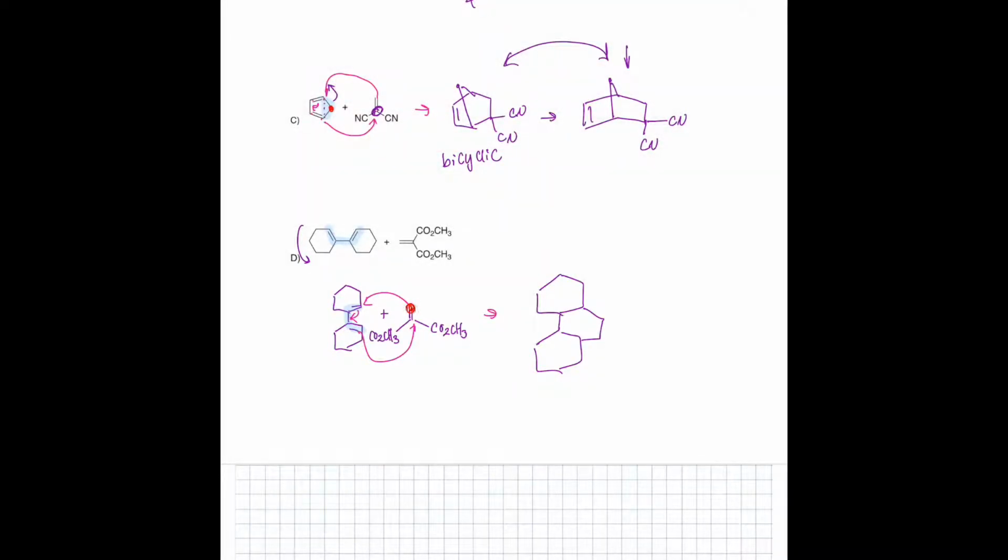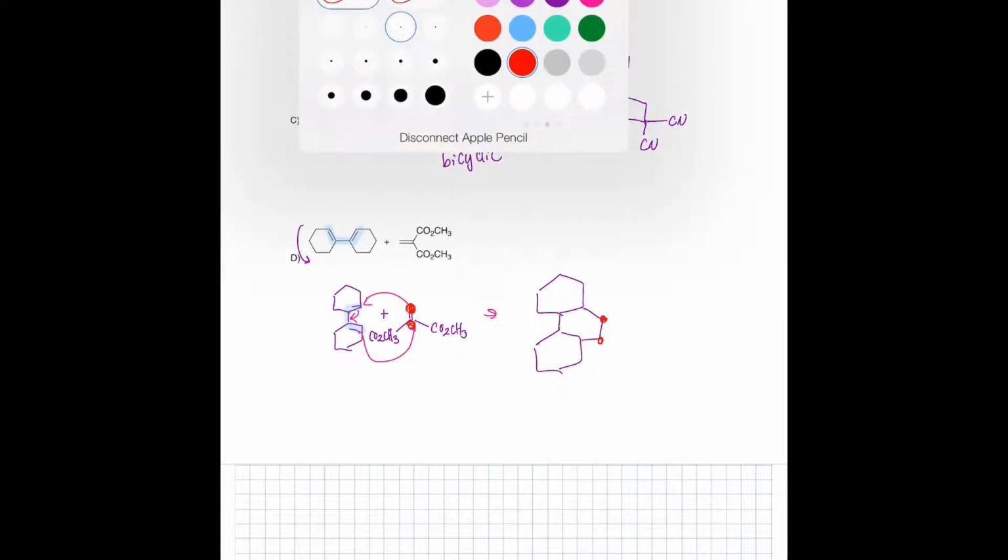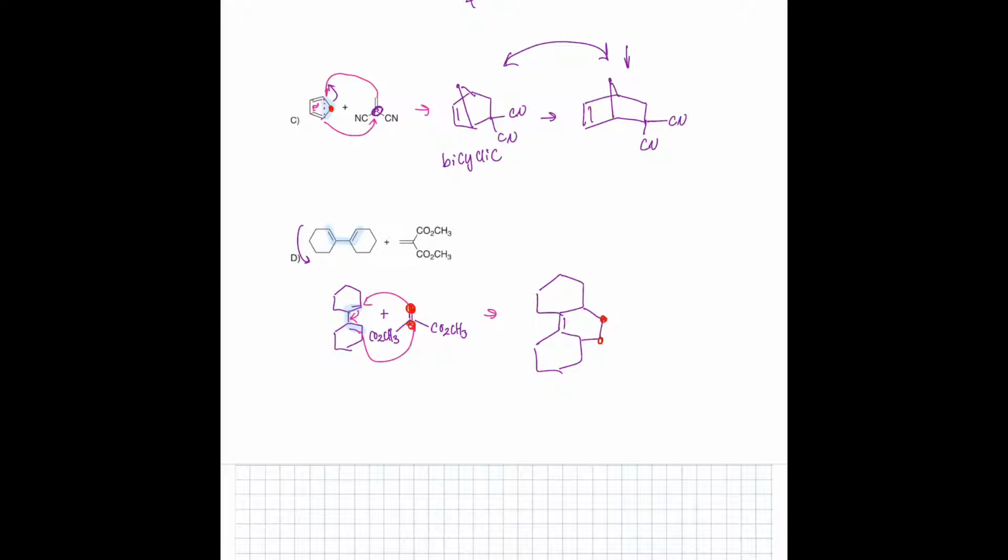So the 2 carbons I'm talking about are this carbon and this carbon. So like every other Diels-Alder reaction we've done, the electrons end up here. And these 2 carbons are pointing up right here. There's 2 CO2CH3 groups, 2 groups right there.